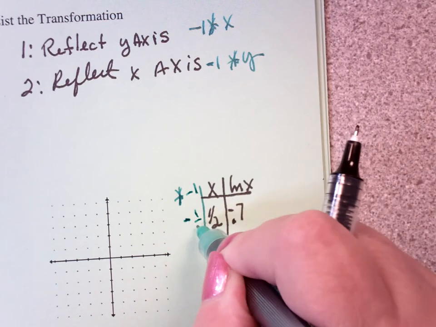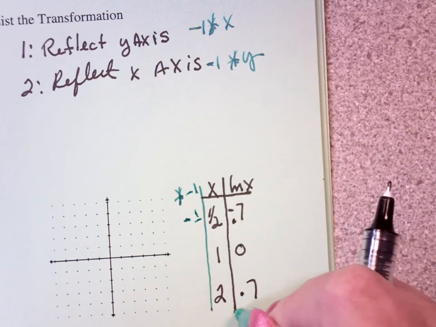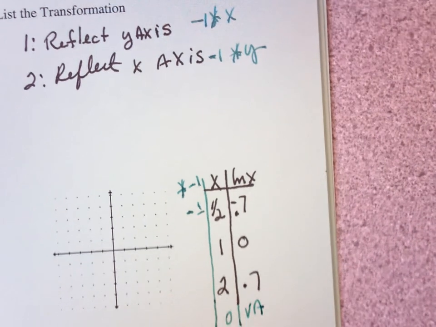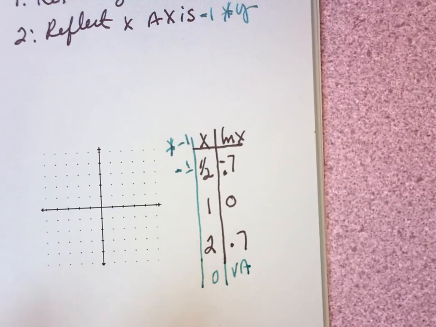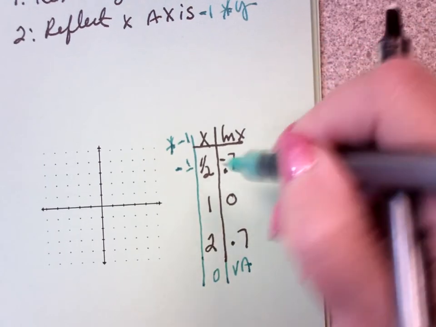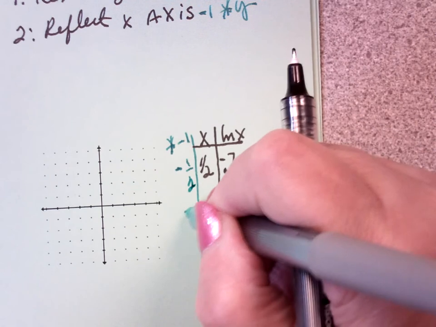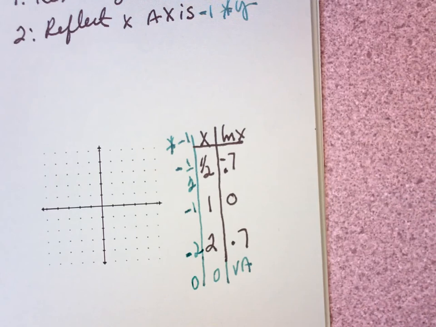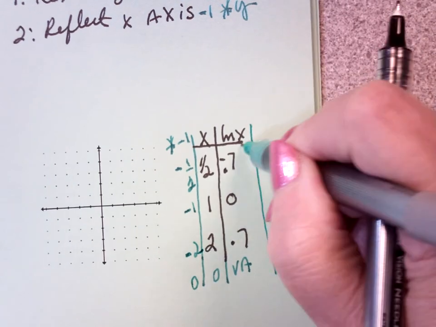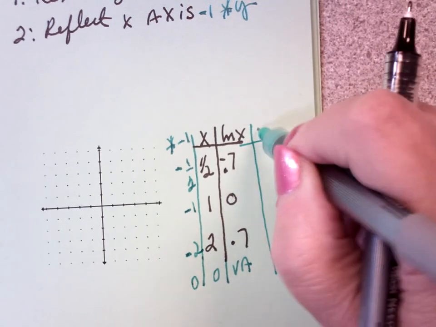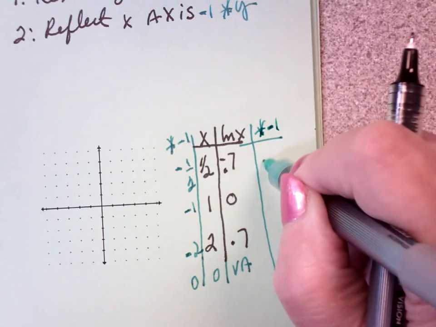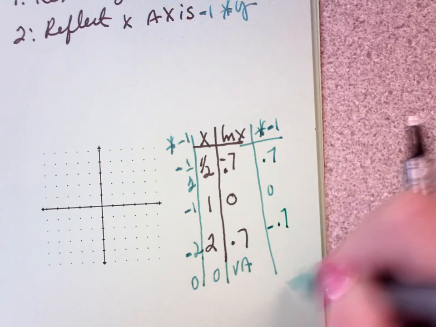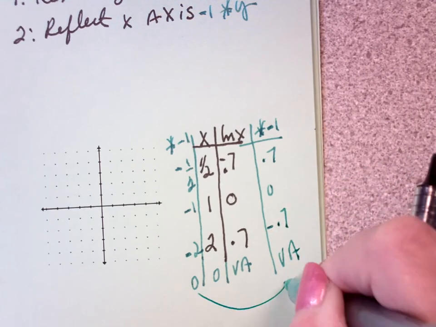Oh, thank you, I need to put the VA in. Left, right, we'll do that. Negative 1/2, negative 1, negative 2, and the VA at 0. You should always put it in. Then I'm going to multiply the y values by negative 1, which is 0.7, 0, negative 0.7, and the VA. So there's my new table.